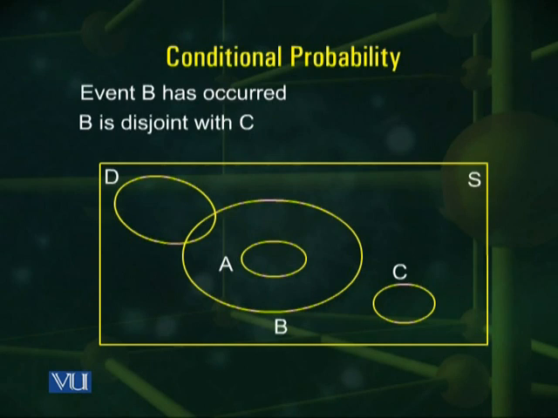Once again, you look at the reduced uncertainty region B, and then you look at the intersection of B and D, and you get your probability by finding the outcomes which land in this intersection region.